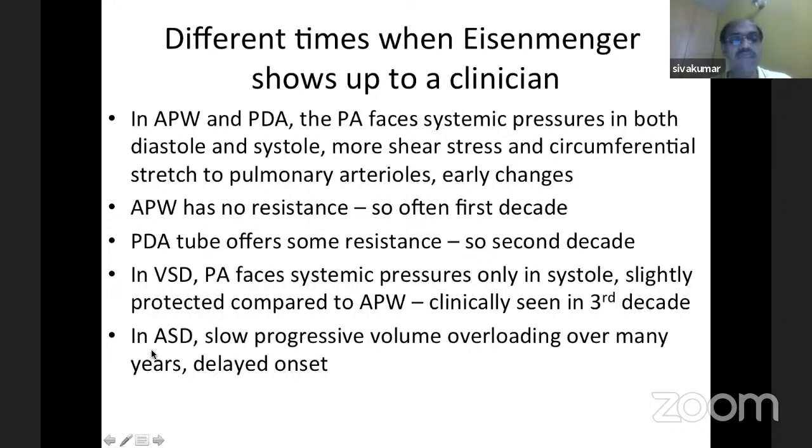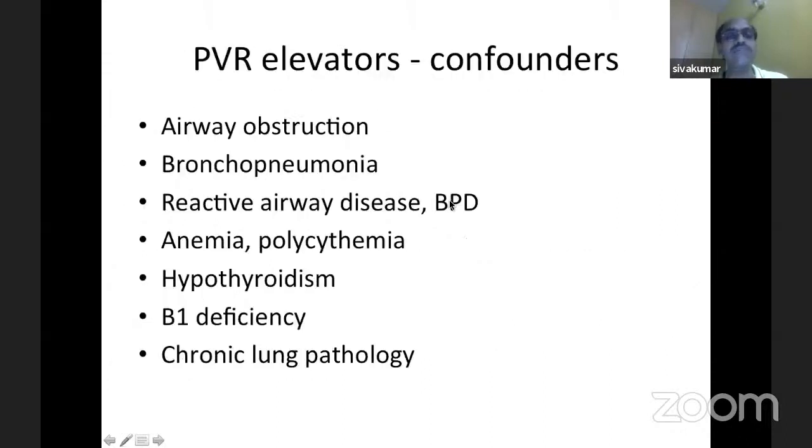In ASD, there is a very slow progressive onset, so they present in the fourth or fifth decade. Between AP window and PDA, PDA is a long tube that offers resistance, so they present a little later, whereas AP window has no resistance at all. It's a window. There is no length to the tube, so they present very early.